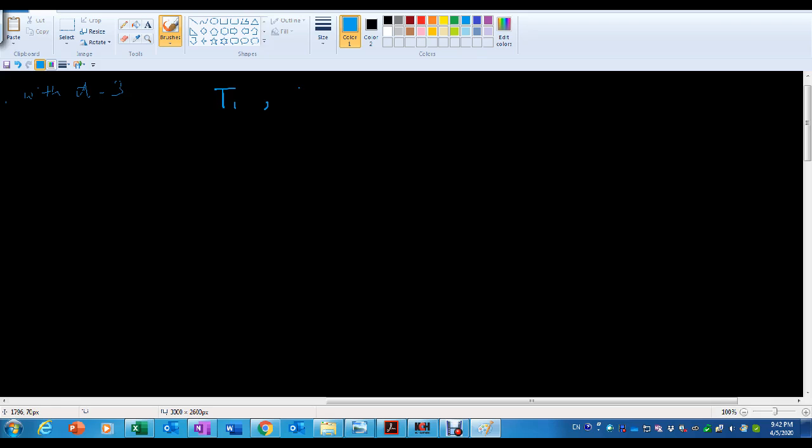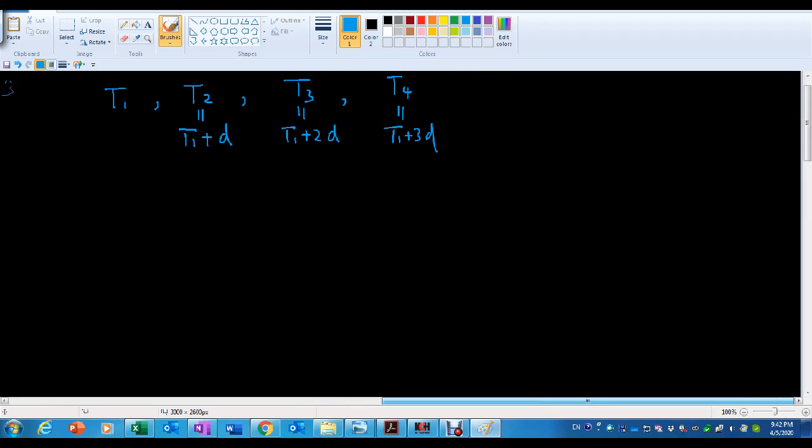Our second term would be T1 plus D, right? Plus 1 common difference. The third term would be T1 plus 2D, and the fourth term would be T1 plus 3D.